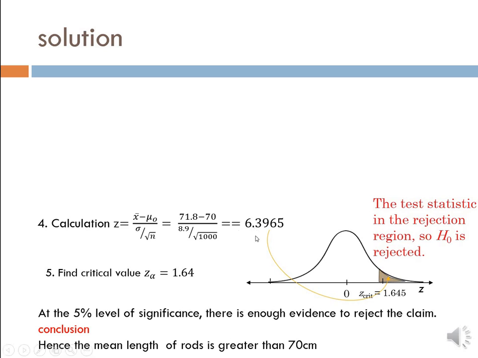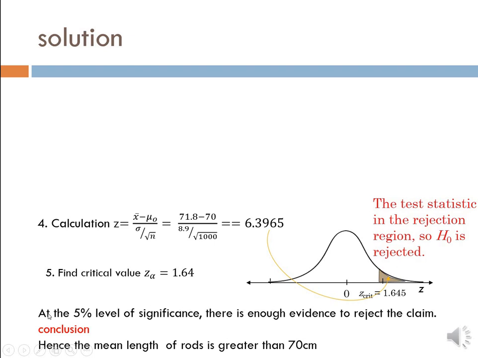Now, looking at the Z calculated value, we had 6.3964. When we map it on the graph, you realize that it will be on the right side of the critical value 1.645, which suggests that the information from our sample lies within the rejection region. So we say that the test statistic is in the rejection region, hence H0 should be rejected.